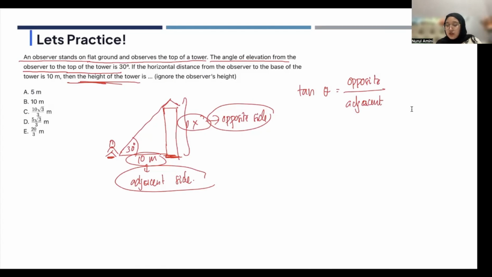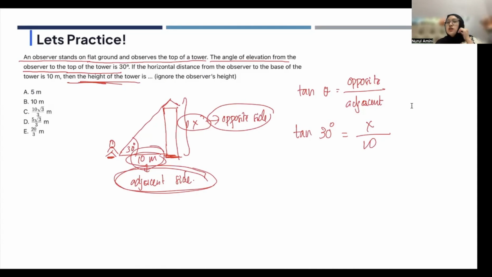In this problem, the opposite side is x. Tan theta becomes tan 30 degrees, the opposite we replace by x, and the adjacent we replace by 10 meters. Any question?